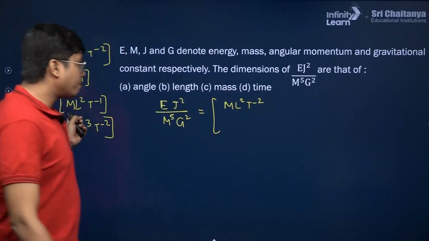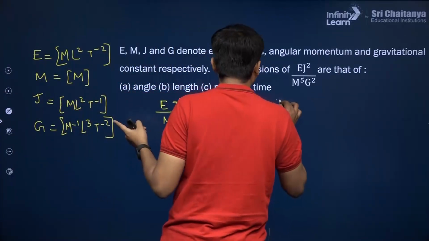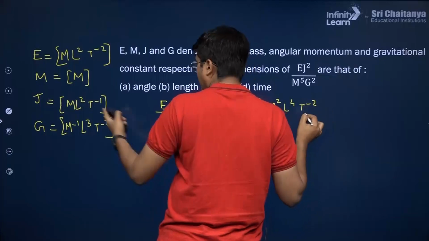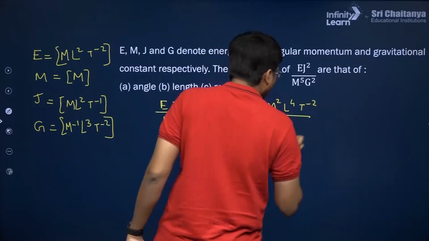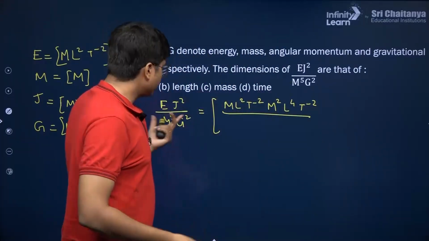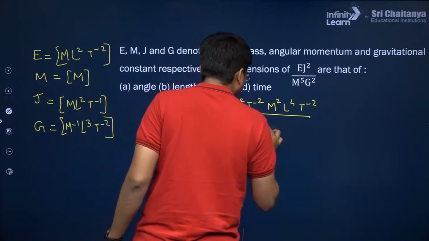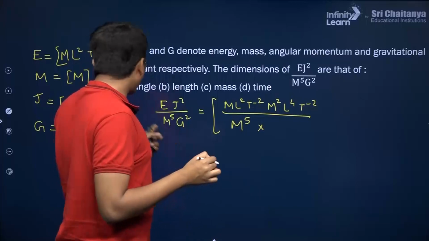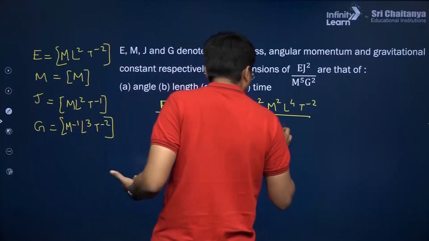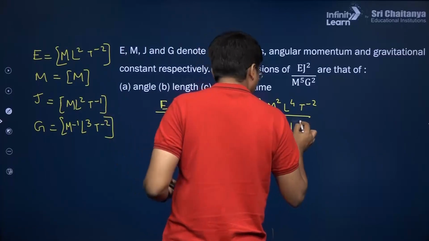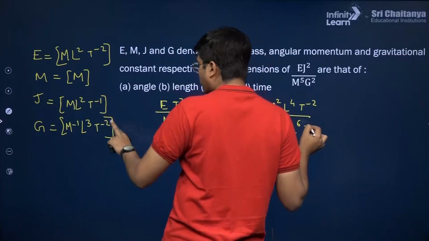When you square it, m becomes m², L⁴ and T⁻² because it's squared. Divided by m⁵, that's fine because m was as is. Multiplied with G²: you square this again, you get m⁻², L⁶ into T⁻⁴.